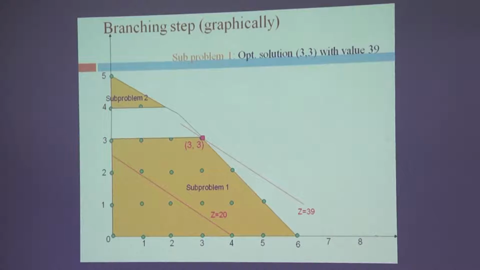Right now this is the best solution I have, and you are going to do your branching using that. So I have a good solution, which is integral, with value 39. Don't go further, you will not get better, so that node you will not expand. Problem 2 gives 1.8 and 4, which is not an integral solution, and the value of that subproblem is 41.